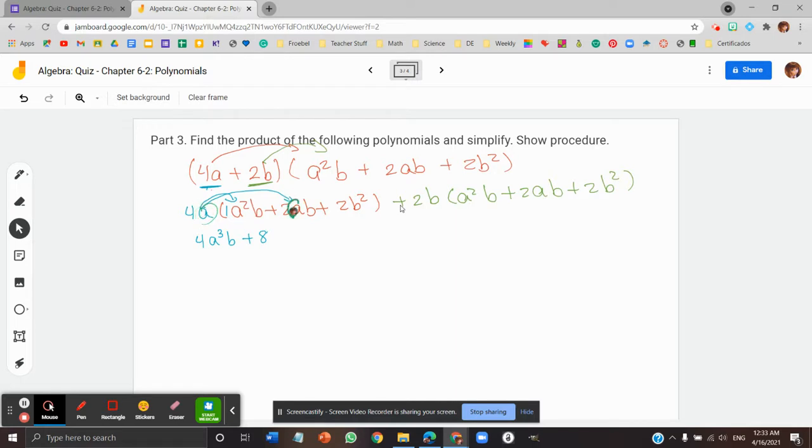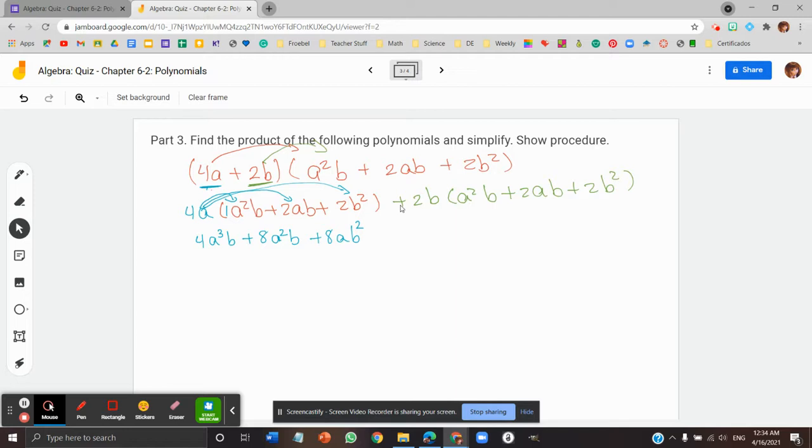A times a is a to the second power. And I don't have a b to multiply with, so I'm just going to put the b. Now I do the same thing with the last term. 4 times 2 is 8. I don't have an a to multiply by, and I don't have a b to multiply by either. So I'm just going to put them there.